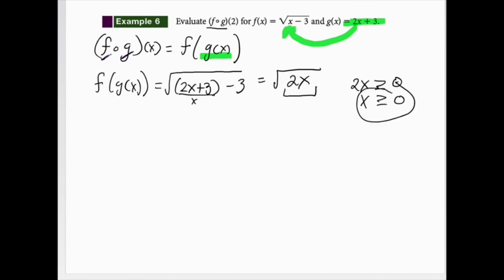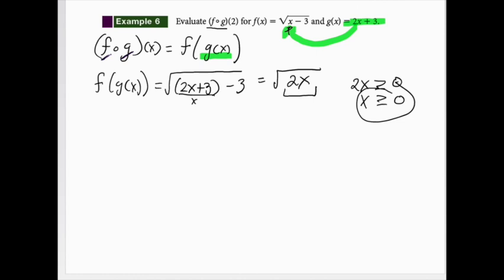Now I can check it by looking at the functions. This is saying x has to be greater than or equal to 0. If I plug in something that's negative there, let's say -2, then I'm going to get 2 times -2, which is a -4, and I add 3, that's going to give me a -1. Now, when I take that answer and plug it in here, I'm going to get -1 minus 3.